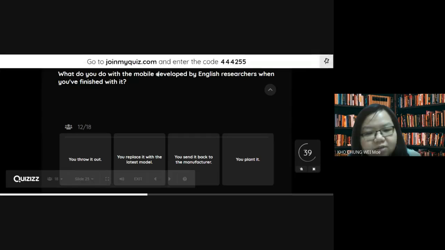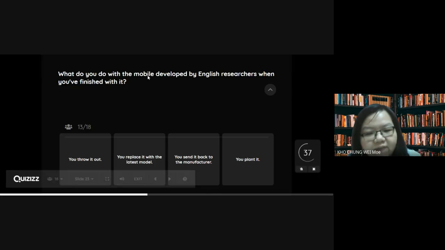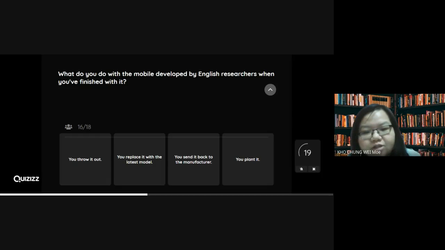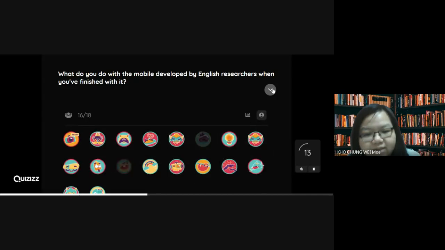Okay, if you notice, the word mobile phone is paraphrased into mobile, and the word researchers from England is paraphrased into English researchers in the question. So this is what you're going to get in comprehension, I mean in your reading paper, paper 1, part 3. The questions are usually a paraphrase from the text. They are not exactly the same as what appears in the text.